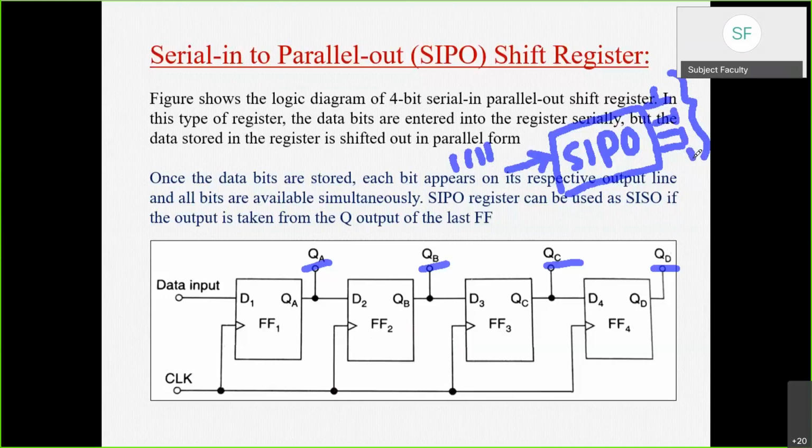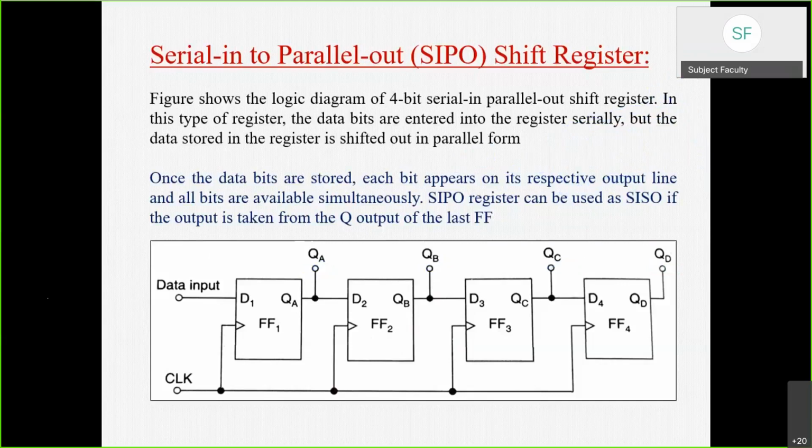Internally, the working mechanism is the same. That's why I have repeated SISO, in order to understand this. Now the only difference is we have collected our output in the parallel fashion, QA, QB, QC, and QD.